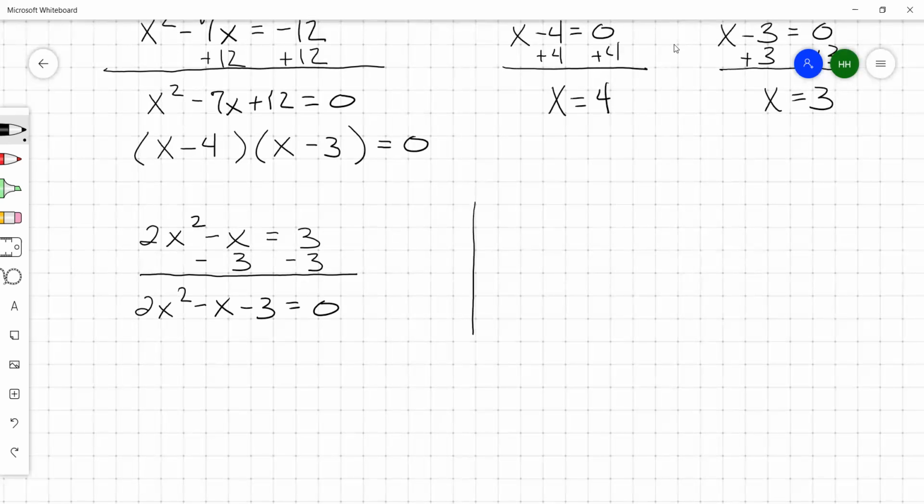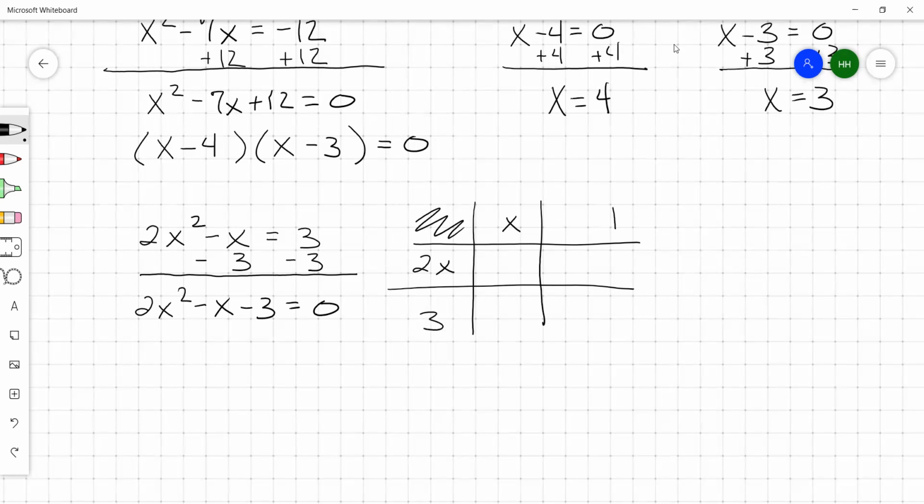So here's our matrix. We need a 2x and an x, and then we need a 1 and a 3 put in the correct positions. So let's see, if the 1 probably needs to get multiplied by the 2, and the 3 multiplied by the x.